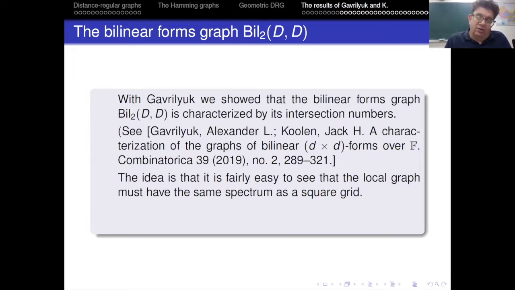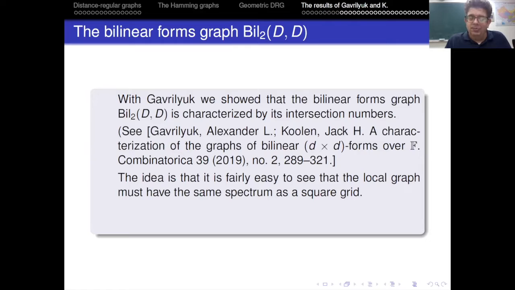Then we're using elementary number theory. You can see that because the eigenvalues must be algebraic integers, all the eigenvalues inside the -3, -1 interval must be integers.